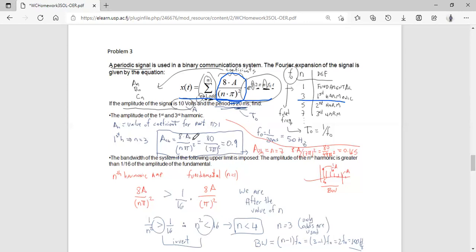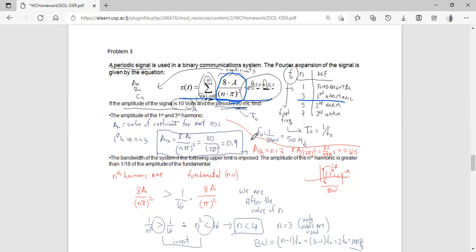So 8 times 10 divided by 3 times pi, the whole thing to the power of 2. 8 times 10 gives me 80, and 80 divided by 3 pi whole squared gives me the amplitude of the first harmonic, which is equivalent to 0.9.